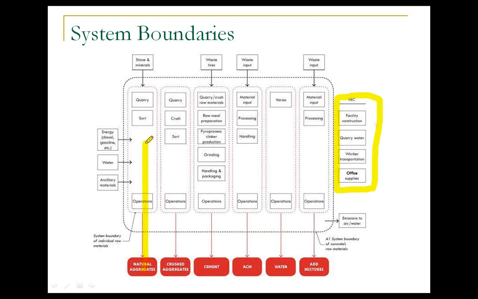So you'll see natural aggregates, crushed aggregates, cement, all the extraction and manufacturing, supplementary cementing materials, water, admixtures, all of these products that go into making concrete, you have to include the impacts of extracting and manufacturing those products.